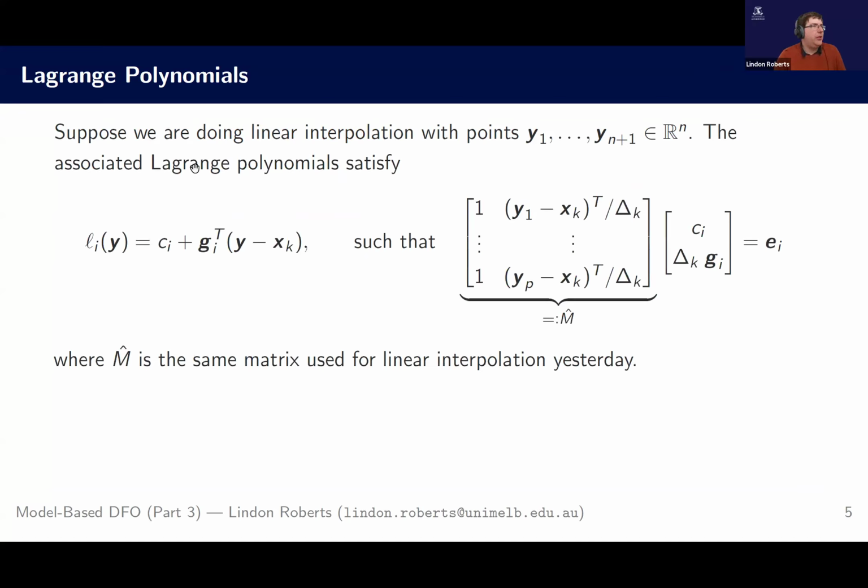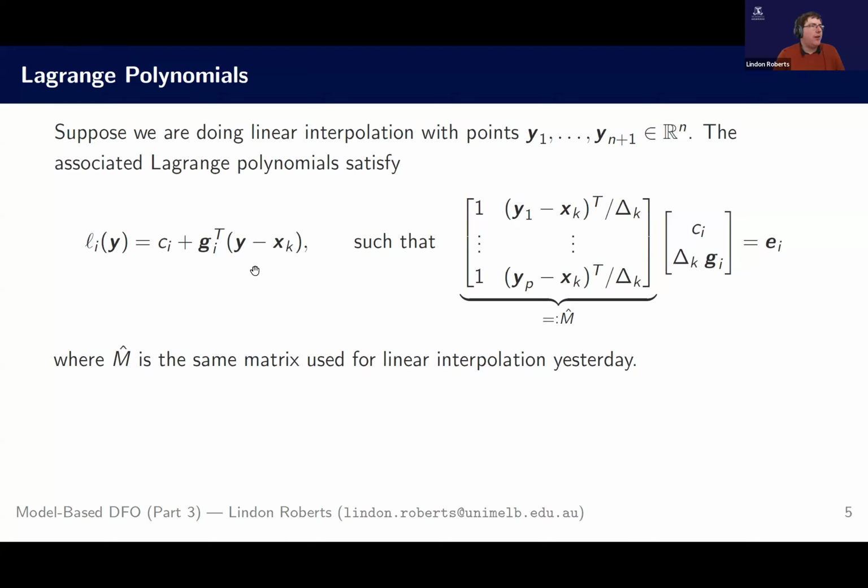This is quite straightforward. If we're doing linear interpolation, the ith Lagrange polynomial is going to be a linear function where the constant and gradient terms come from forcing it to take the correct values at all the interpolation points y1 through yn plus 1. So it's going to be 1 at yi, 0 at all the other y's.